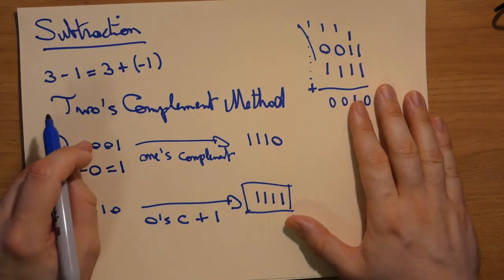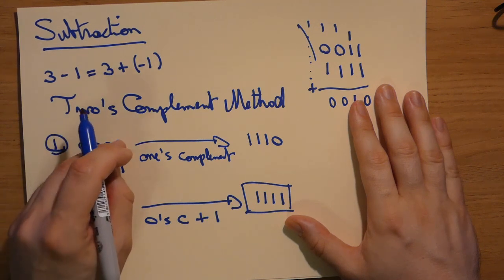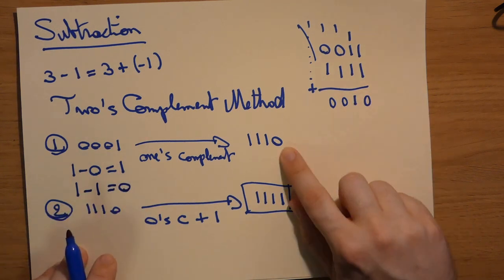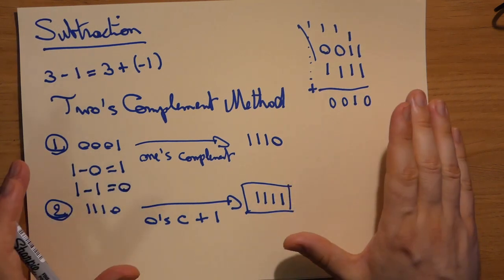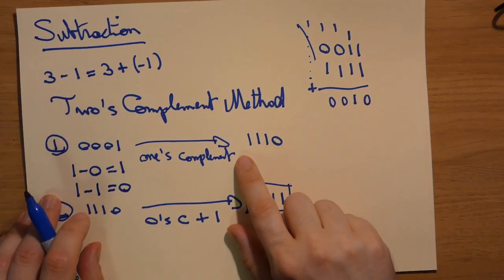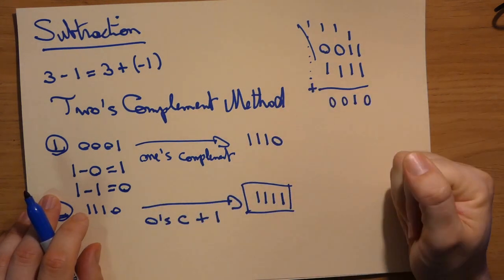And then those first 3 will be the same. Then 1 minus 1 here is 0. So this is really the same operation. It's just that because we're working in base 2, it's the equivalent of just flipping the bits.